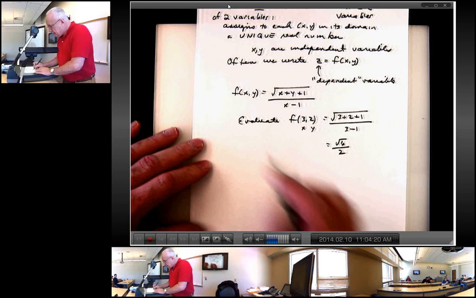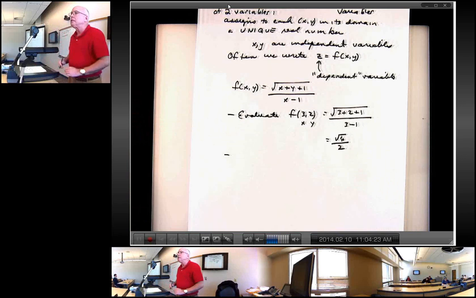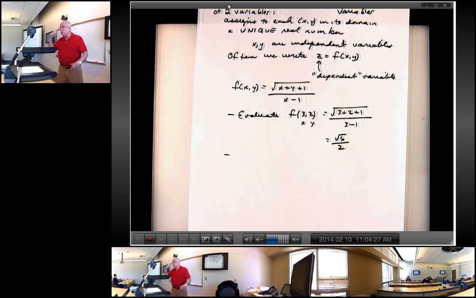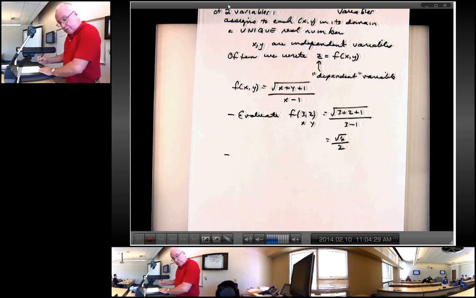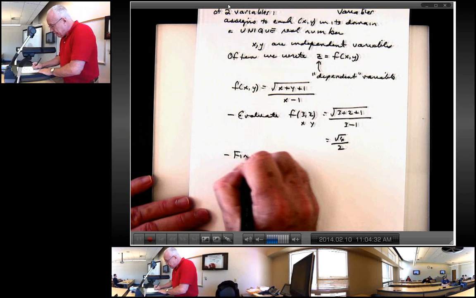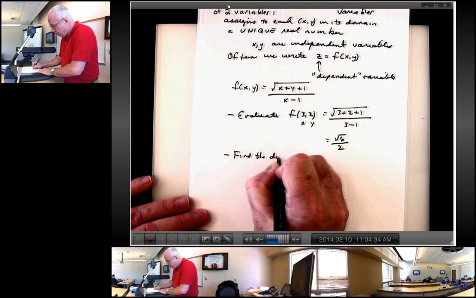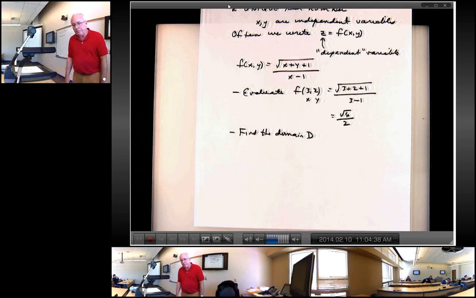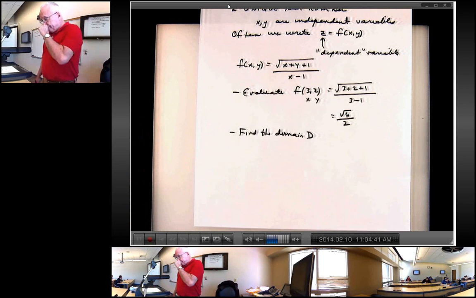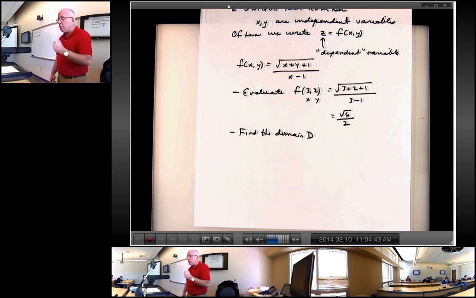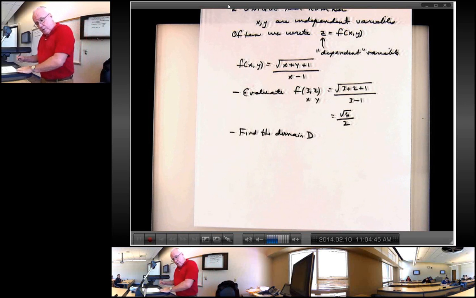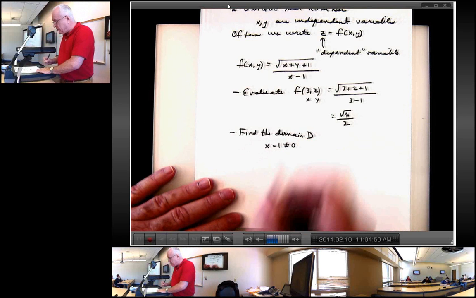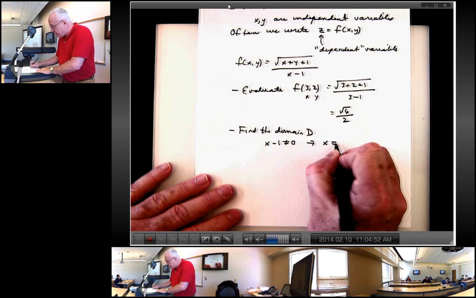Something else you might be asked to do with these functions of two variables is to find their domain, in other words, the allowable input values. So let's find the domain. And usually we call the domain capital D. Now we've got a couple of issues with this one. We have a denominator, so for starters, x - 1 cannot equal 0, so x cannot equal 1.